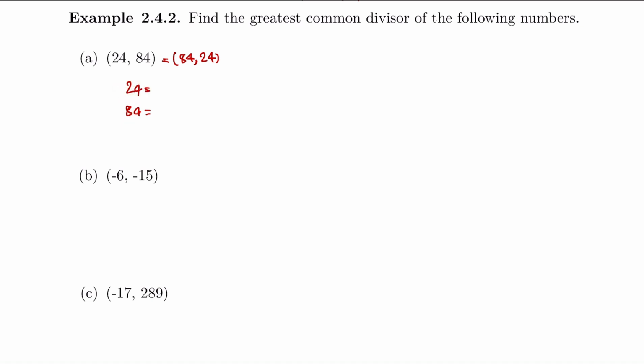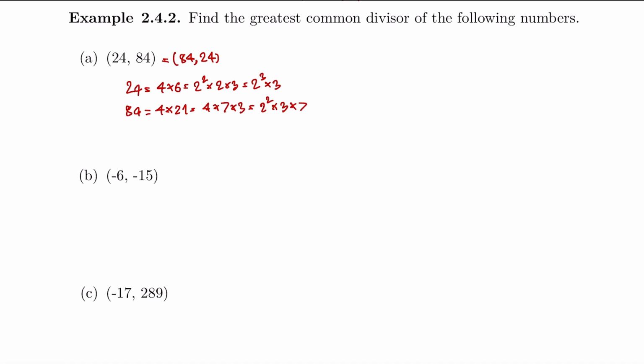24 is 4 times 6, which is 2 squared times 2 times 3, which is 2 to the 3 times 3. Okay. 84 is 4 times 21, which is 4 times 7 times 3, and 4 is 2 squared, right? It's 2 squared times 3 times 7.